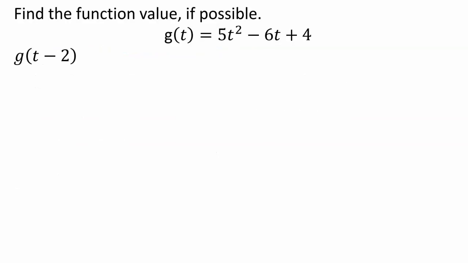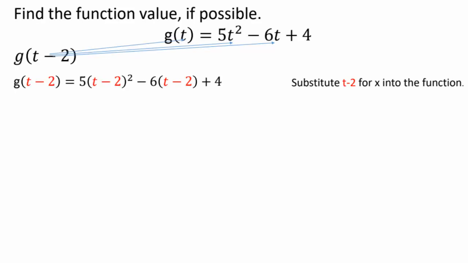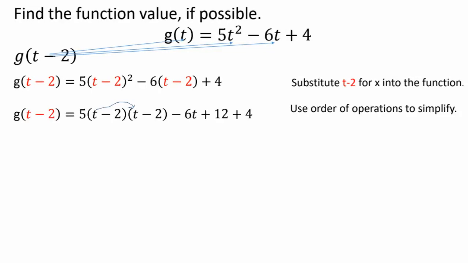Okay. Now let's find g of t minus 2. So again, I'm going to plug in t minus 2 for every t. Once I substitute t minus 2 for every t, here I have to do the FOIL, right? So let's see, t minus 2 squared gives us t minus 2 times t minus 2.